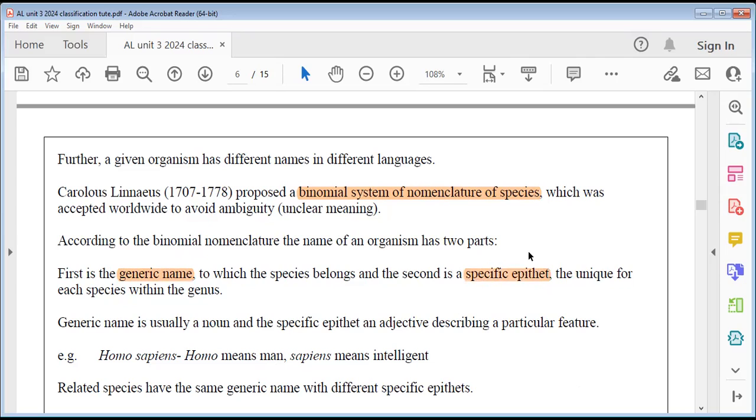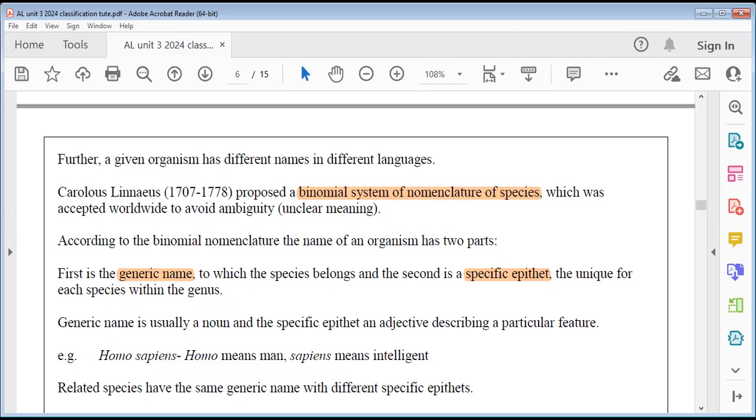It's an adjective. Remember, in Latin, they always write the adjective as the second word. That is their pattern.